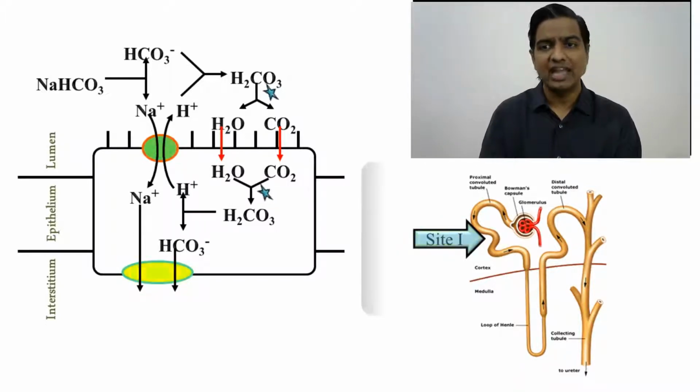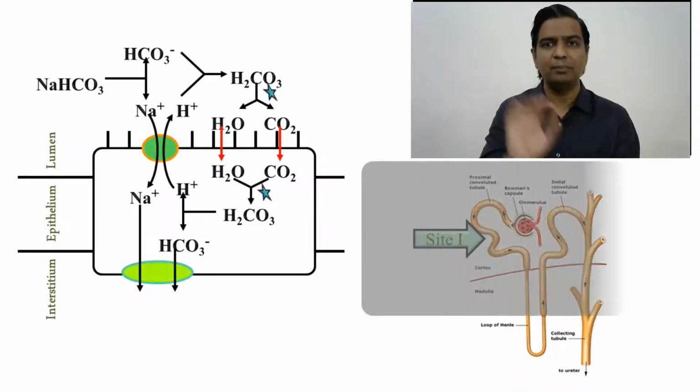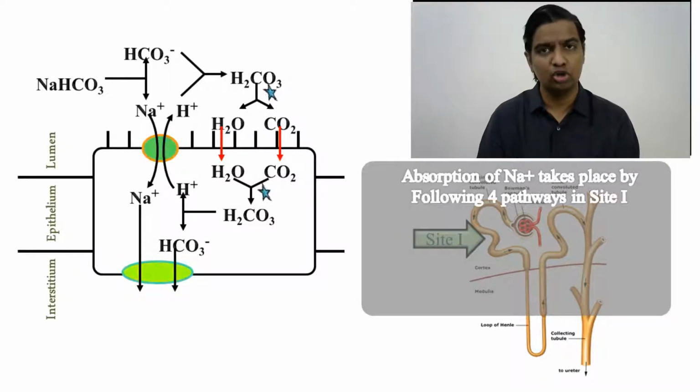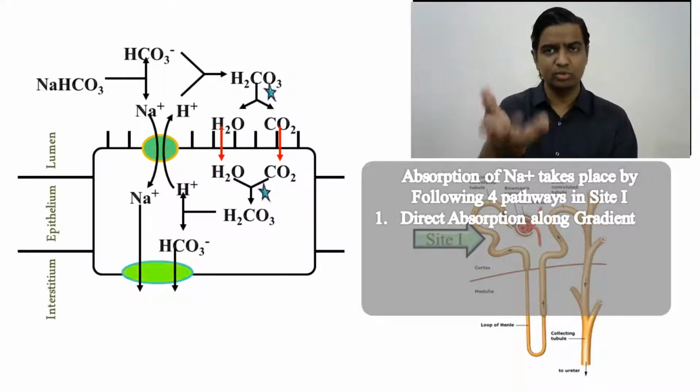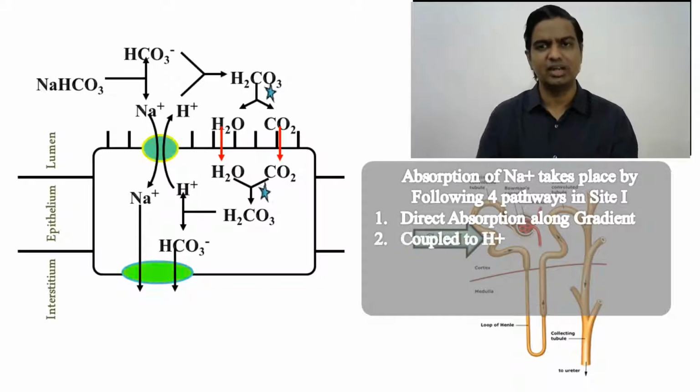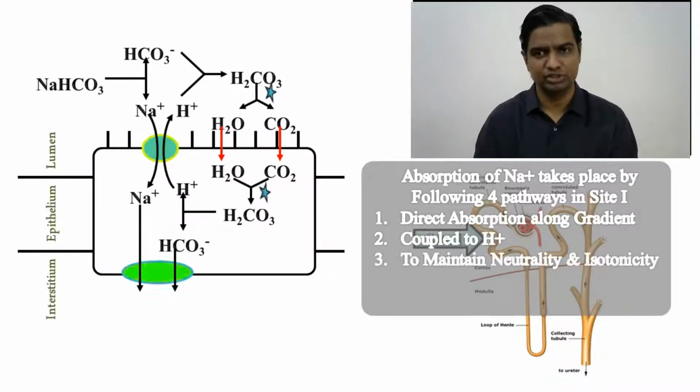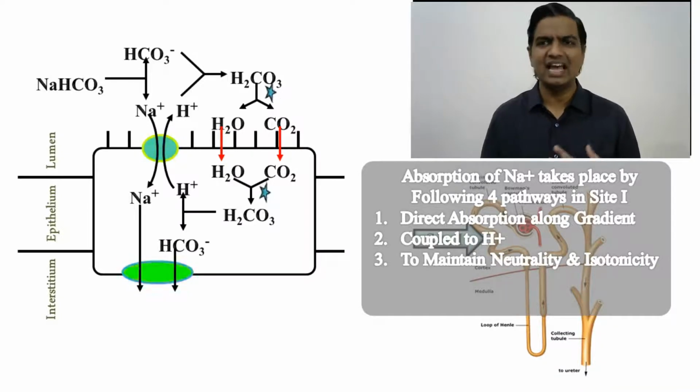Sodium ion can be reabsorbed by 4 different pathways at the proximal convoluted tubular level. First is direct absorption along the concentration gradient. Sodium is more inside the lumen of the PCT, it is less in the interstitium, so it will come out. Second, as I have shown on the screen, is coupled with hydrogen ion. Third is to maintain neutrality and isotonicity.